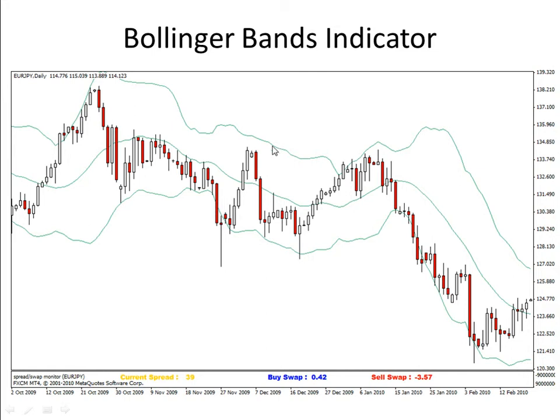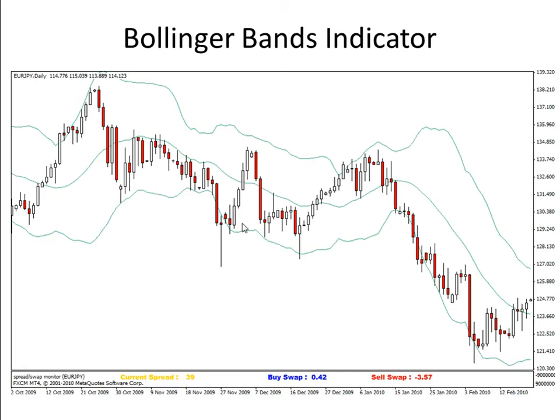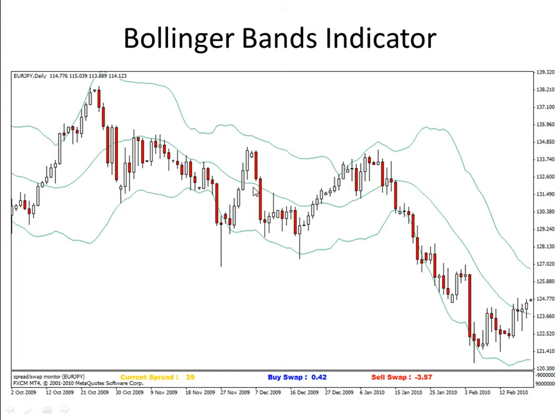If you see this one, this is the Bollinger Bands, and this is the middle band, and this is the upper band, and this is the lower band. The central band is a simple moving average which is set at 20 period, and the upper band and lower band are two standard deviations from the central band.